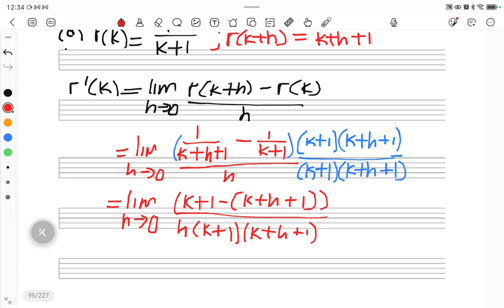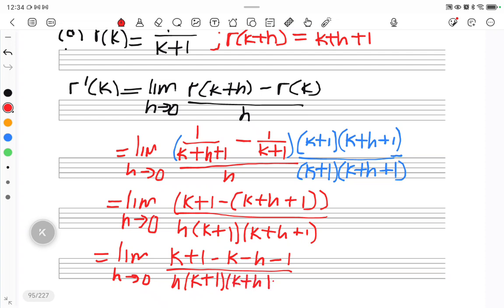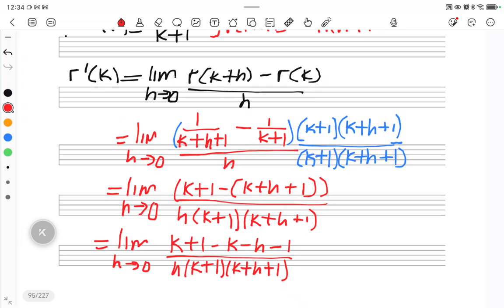Then we can simplify the numerator. We can have k plus 1 minus k minus h minus 1 all over h times k plus 1 times k plus h plus 1. So we know that the k will cancel the k, 1 will cancel 1.